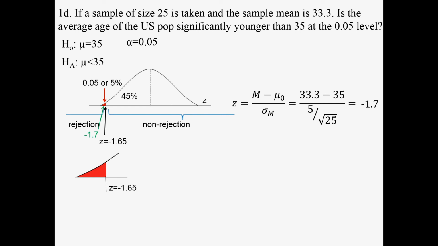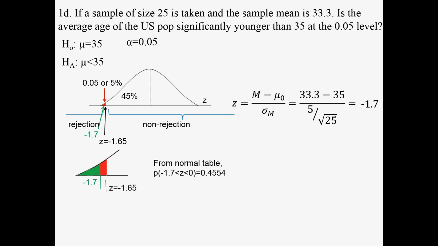So we enlarge this corner, the lower tail, and realize that the test statistic z-score negative 1.7 falls to the left of the critical value negative 1.65. So we have a green corner. The p-value is closely related to the size of this green corner, so we need to calculate its size. You go to the normal table to find the z-score negative 1.7.